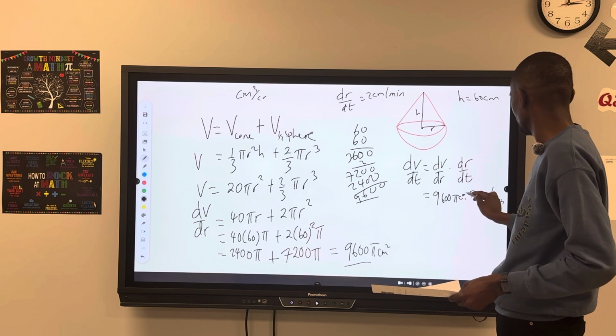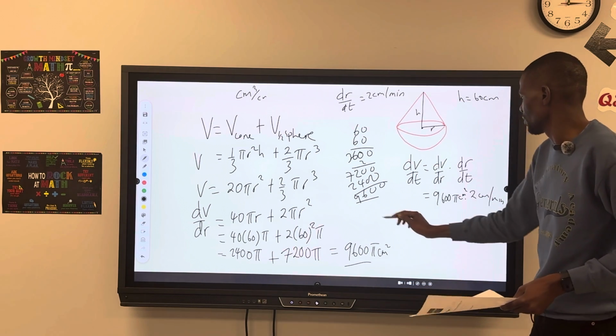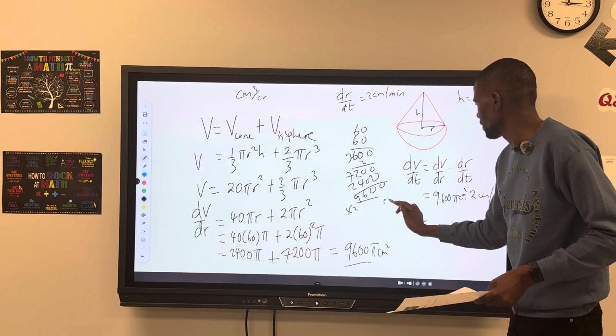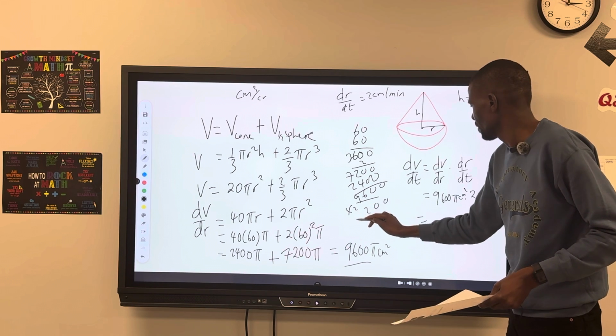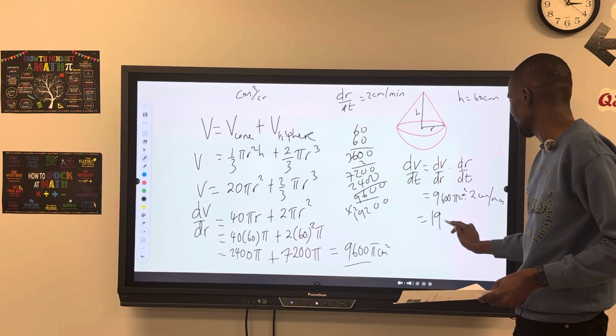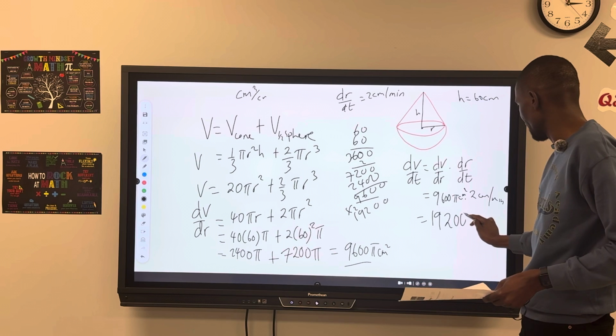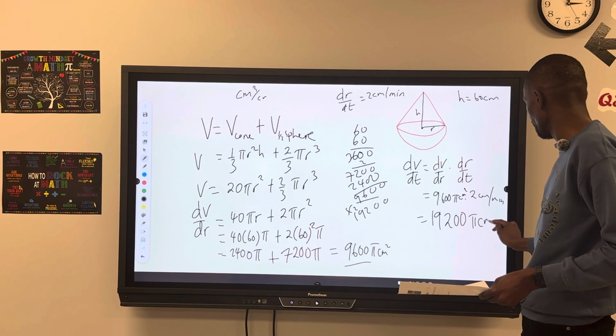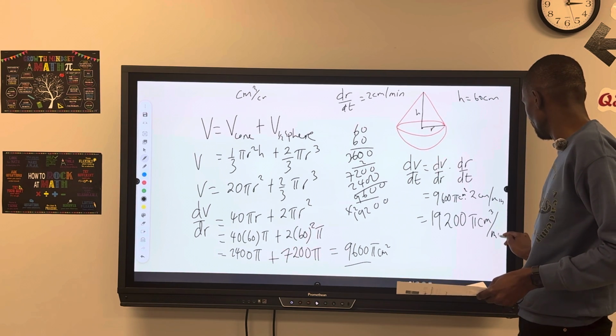If I multiply this by 2, I'm getting 19,200 pi cubic centimeters per minute.